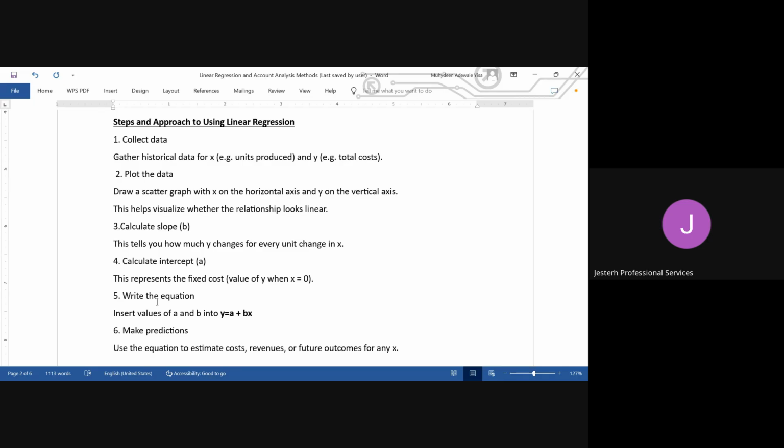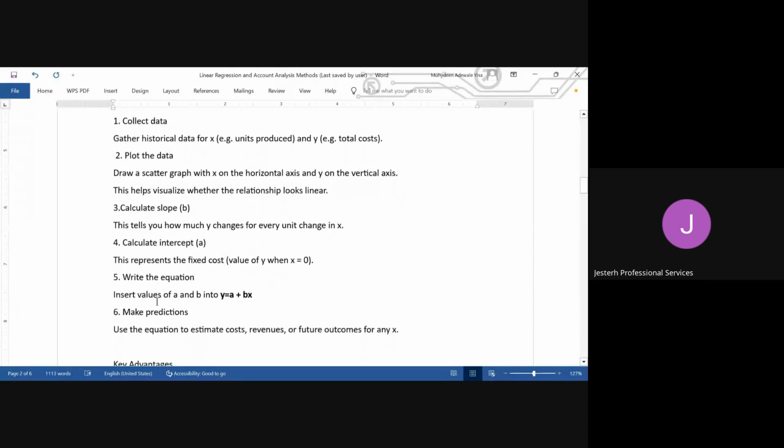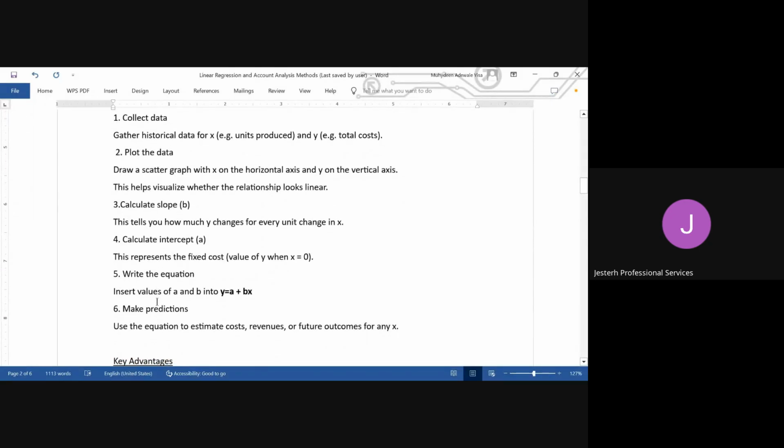While step 4 is where we'll be able to calculate the fixed cost. Then the fifth step is where we are to write the equation. If you remember in the high-low method, once we are able to come up with the high and the low level of activity with the associated cost, it helps us know the differences.